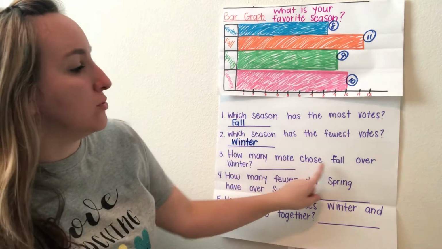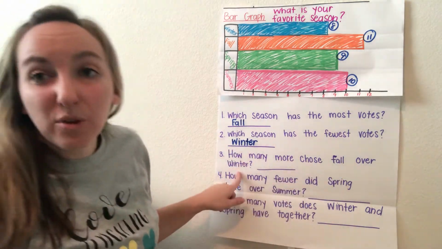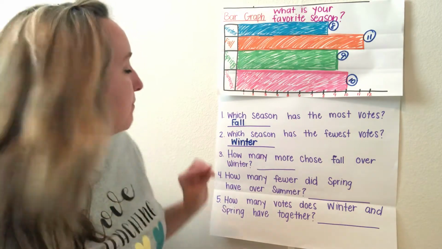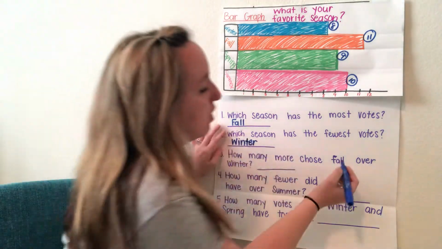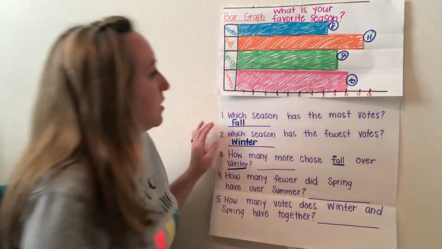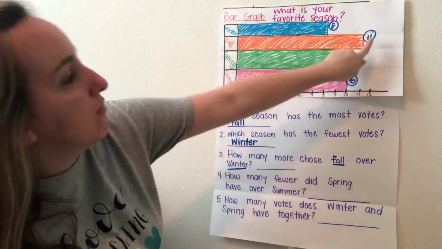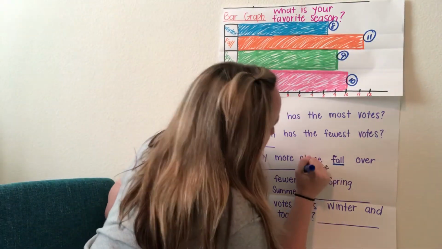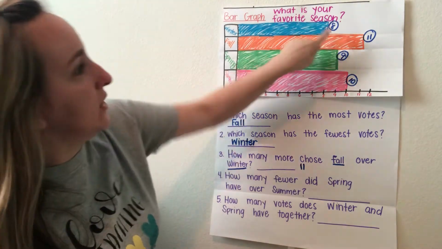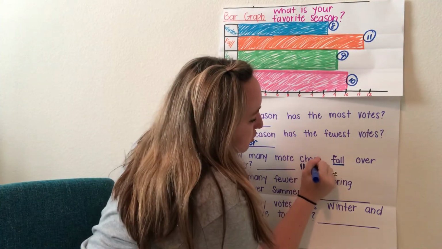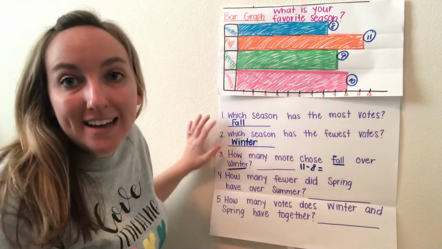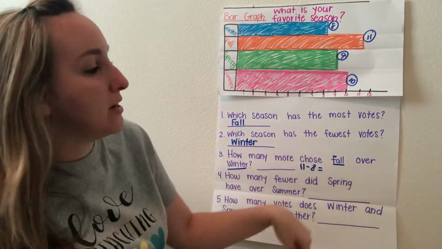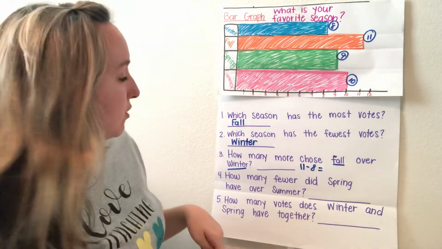How many more chose fall over winter? So now we're taking 2 seasons and comparing them. How many more chose fall over winter? So I'm going to look for fall. Fall had 11. Winter only had 8. So I'm going to subtract to find out the difference, to compare how many more chose fall over winter.